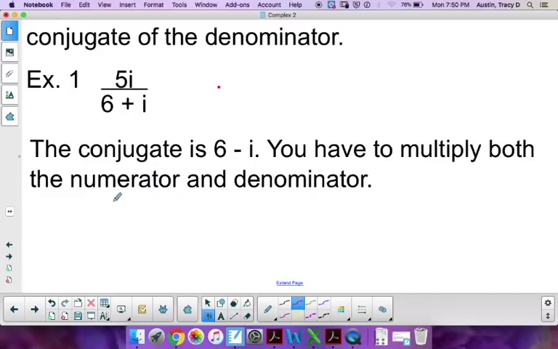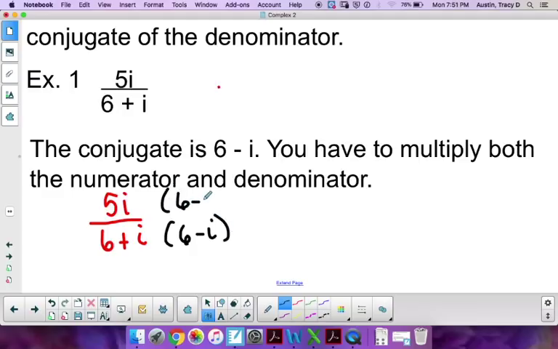So that being said, my fraction originally is 5i over 6 plus i. So it's basically 5i divided by 6 plus i. Then I'm going to multiply the top and the bottom by 6 minus i. I'm going to have to multiply them separately because it's two separate pieces. Now, if you remember the shortcut for the bottom, when you multiply them, those middle pieces are going to cancel.